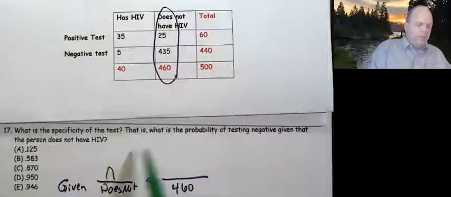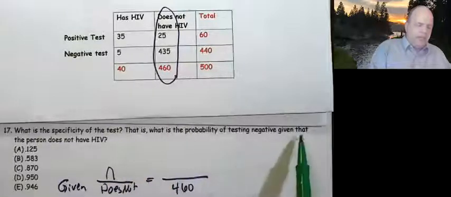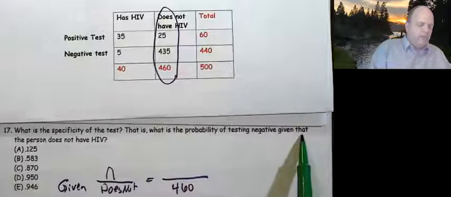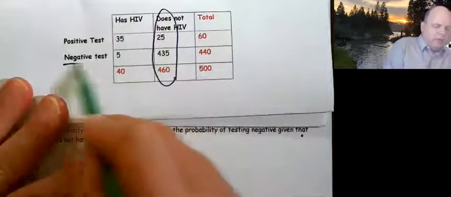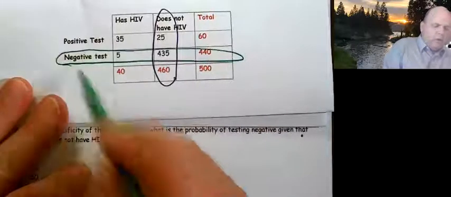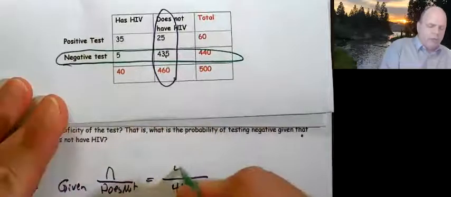What is the specificity of the test? That is, what's the probability of testing negative given that the person does not have HIV? So now we're looking at negative. It's like, oh, my intersection where they cross is at 435.